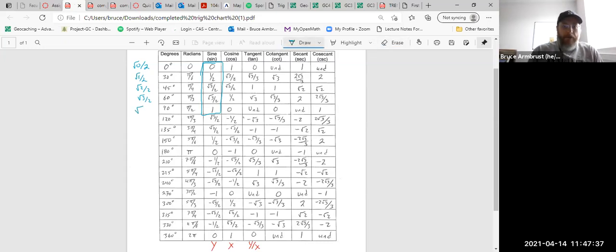It's the square root of 4 divided by 2. So kind of cool little pattern, huh? There is no reason for that. It happens to be. So that's a really easy way to remember this little column. Root 0 over 2, root 1 over 2, root 2 over 2, root 3 over 2, root 4 over 2. Okay, so that's how you can remember this little chunk.